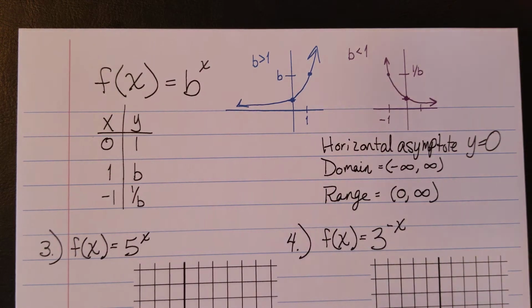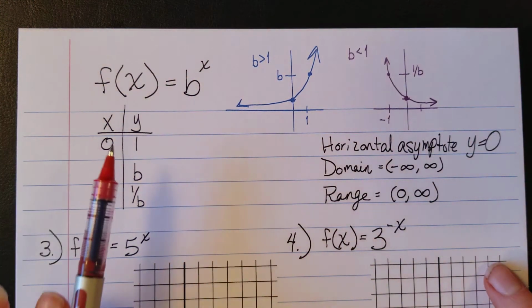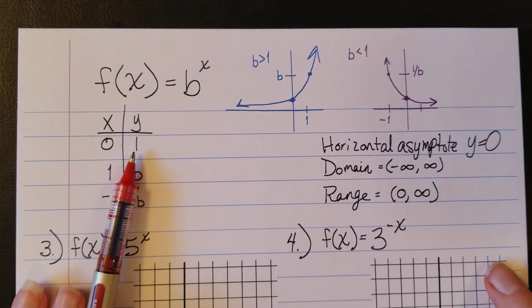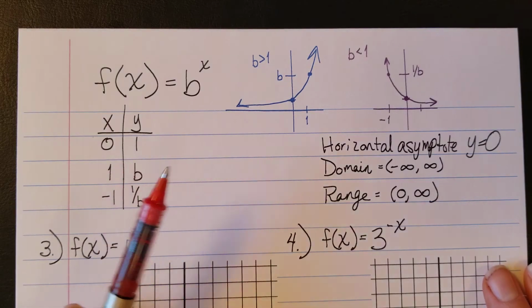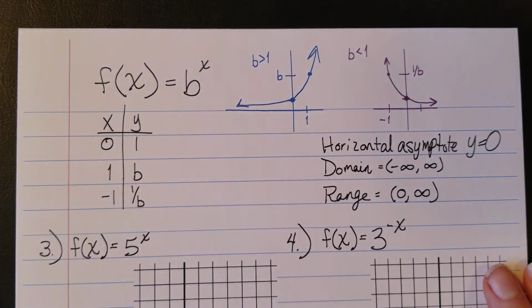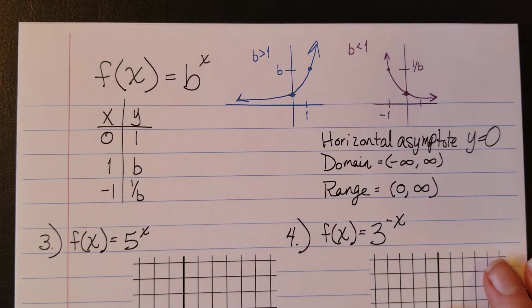Then here is a table, an xy table. So when x is 0, y is 1, because anything raised to the power of 0 is always equal to 1. That's one of the exponent rules.